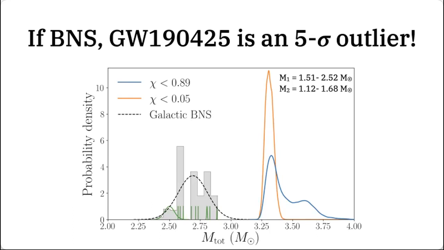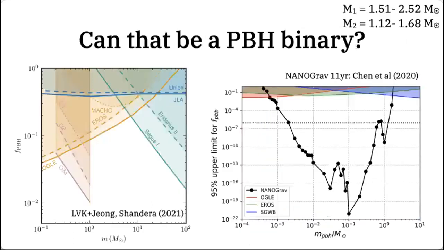And if this were really a black hole binary, one possibility is that it might come from the primordial universe. We happen to have a very large fluctuation that can collapse into a black hole that can form a binary. But there's an interesting observation from this paper, Chen et al. 2020.